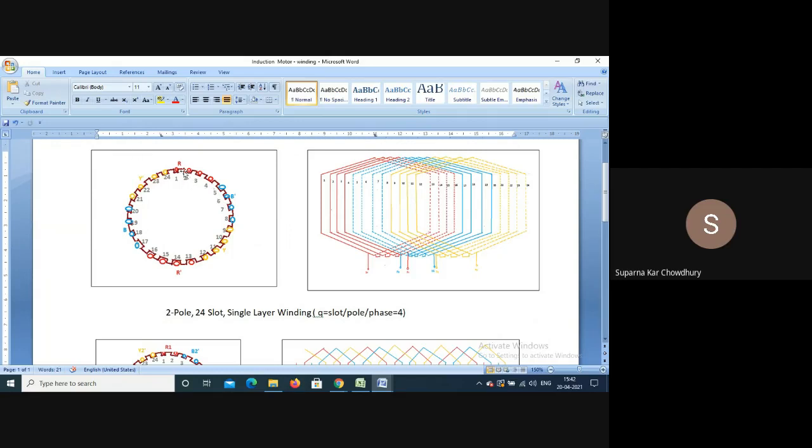So that will give this R dash, this Y dash, and this B dash.